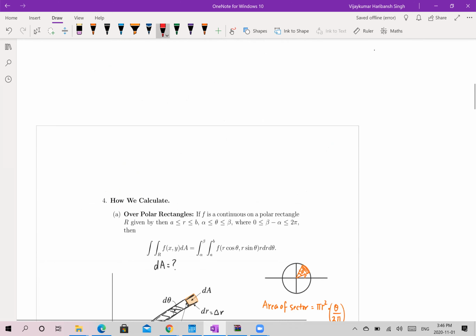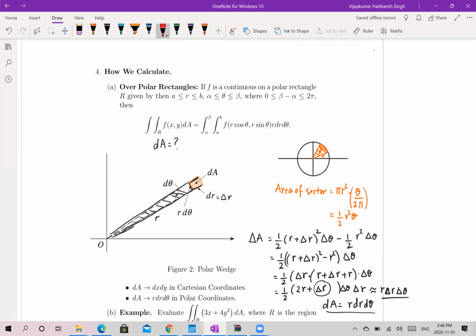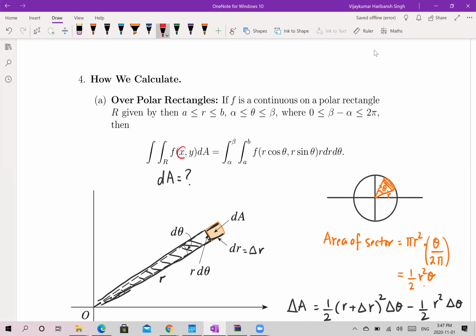Then the integral of f of x y dA is going to be the integral of f of r cos theta, r sin theta times r dr d theta, where x is replaced by r cos theta, y by r sin theta, and dA by r dr d theta. This is how you convert from Cartesian to polar coordinates.